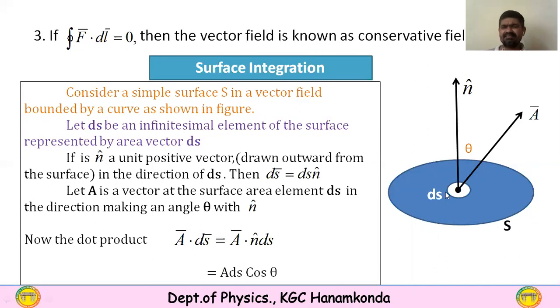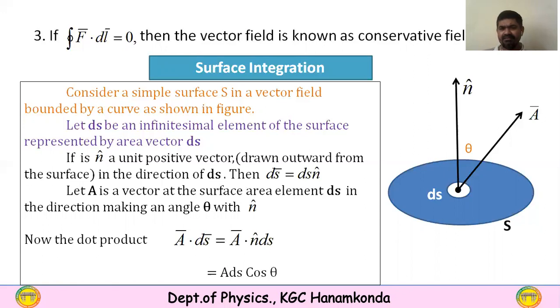In vector analysis or in physics, area is taken as a vector quantity. The direction of area is always normal to that surface. If you draw a normal to this ds element, this n cap gives you the direction of the area vector.